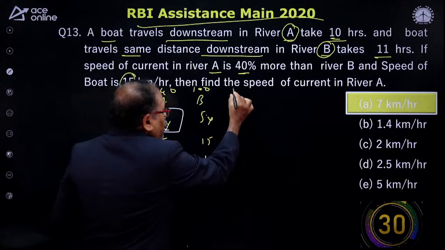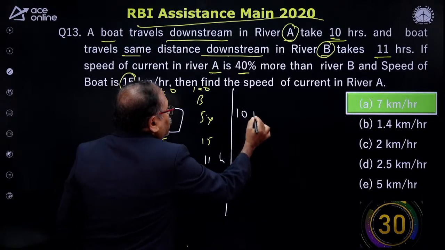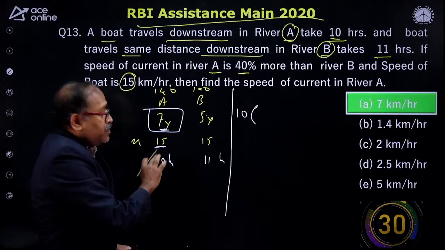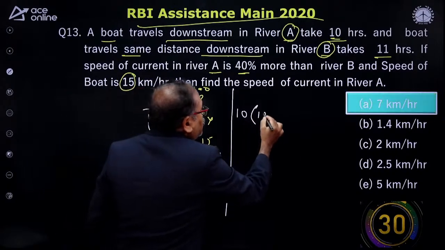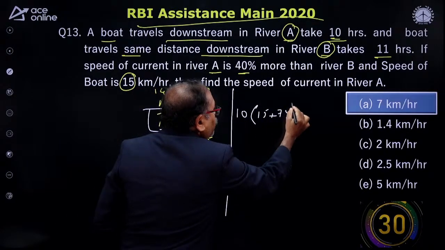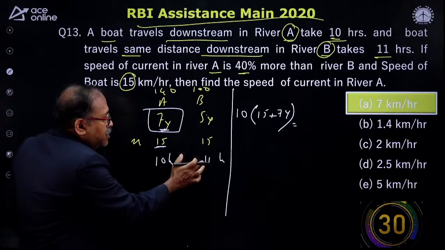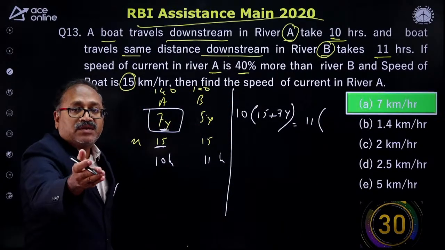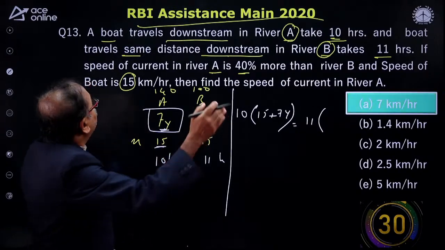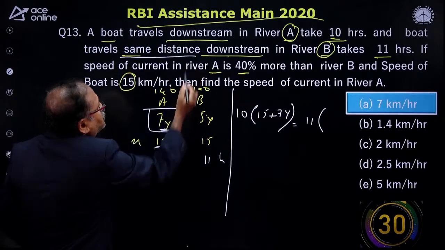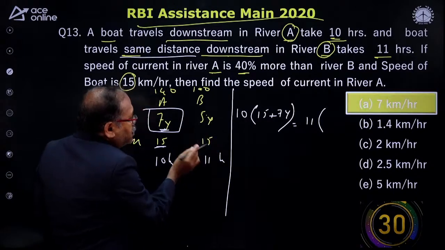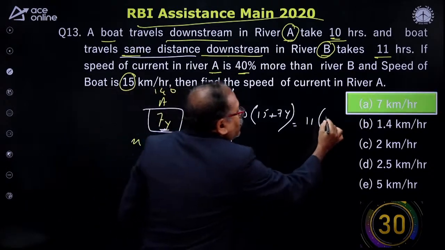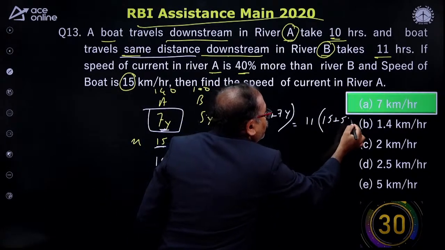So I frame an equation: 10 into the speed, that is 15 plus 7y, which is equal to, here time taken is 11, time into speed is the distance. In both cases the distance is the same. So here that is 15 plus 5y.